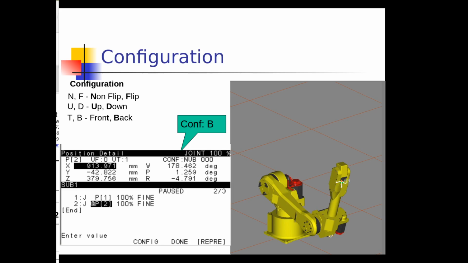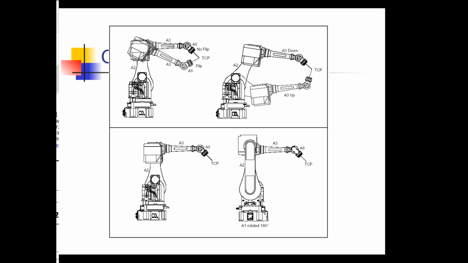So if I go to the next slide here, maybe it'll illustrate it a little bit better. So you see here with your axes, axis 5 is like flip or no flip. So if you're coming down from the top, that would be a no flip. If you're coming from underneath, that would be flipped. If you look at the next one there to the right, you can see it's showing here your joint or axis A2.